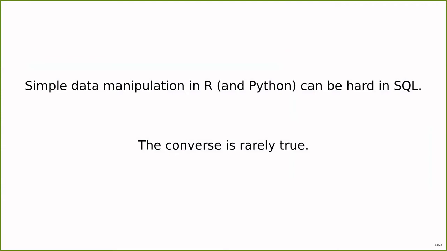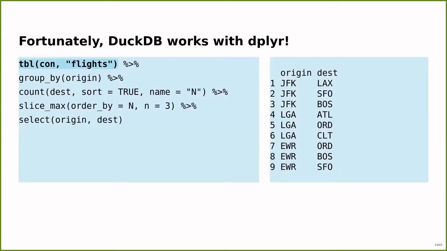You can actually do anything in SQL, but you probably shouldn't do anything in SQL. So simple data manipulation in R and Python can be pretty tricky in SQL. And in my opinion, the converse is never true, really. There's nothing that's simple in SQL that's hard in R. So that's one of my kind of life observations there.